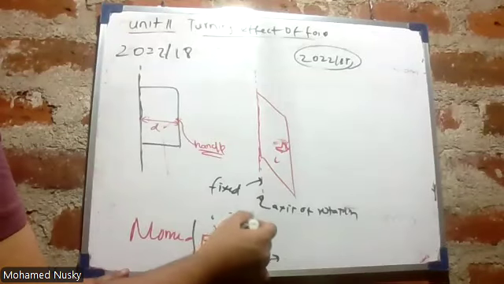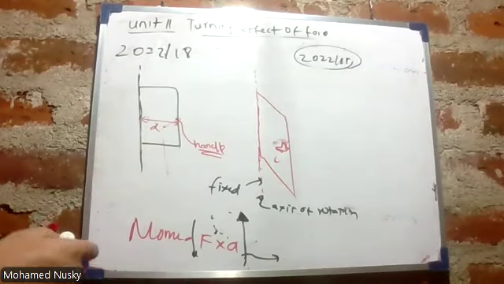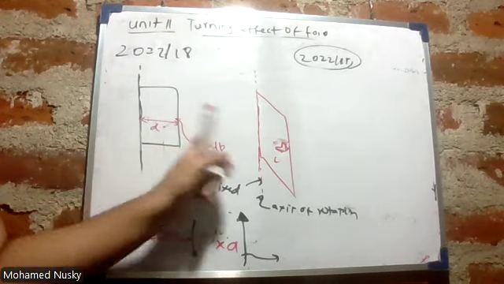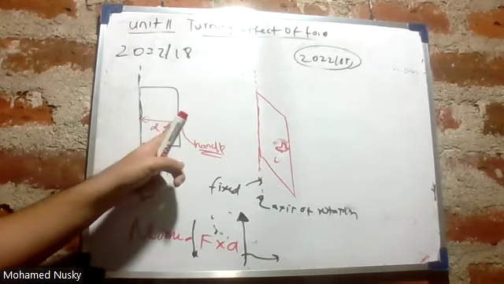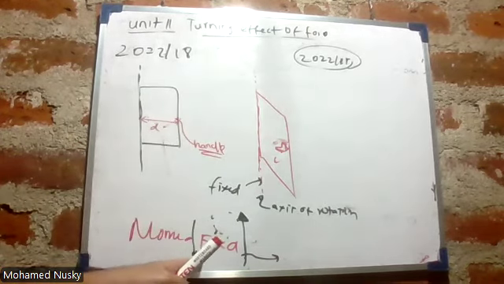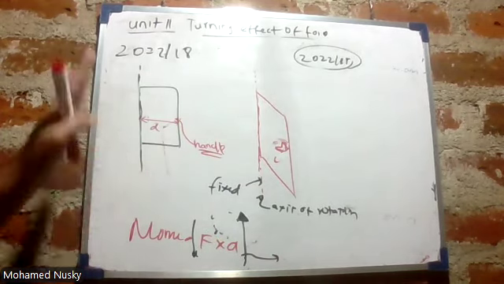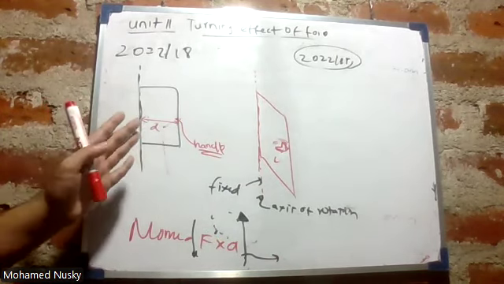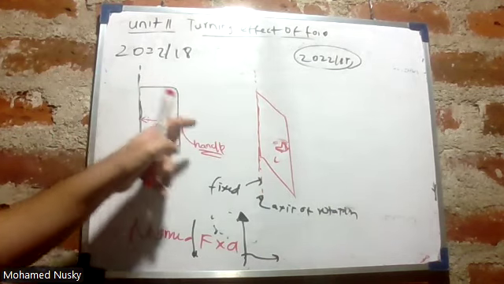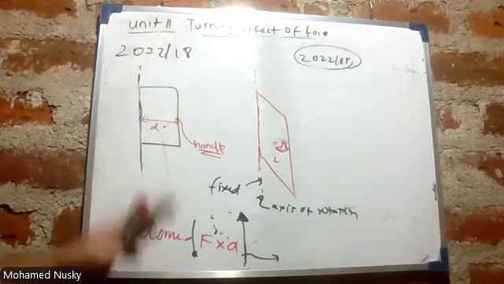If the distance is maximum from the axis of rotation, I will give a minimum force. That is why when we are pushing or pulling the door, we push it from farther away from the axis of rotation, not near to it.